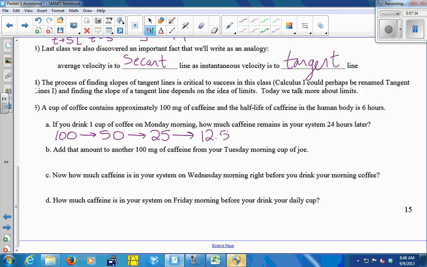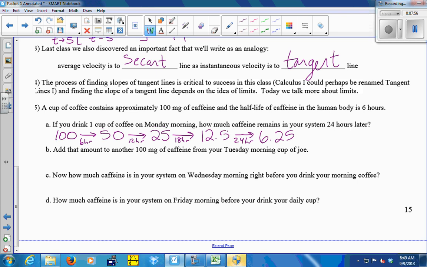So that's 1, 2, 3 halvings. One more time, 6.25 milligrams remain. So this is 6 hours, 12 hours, 18 hours, and then finally 24 hours. 6.25 milligrams of caffeine.